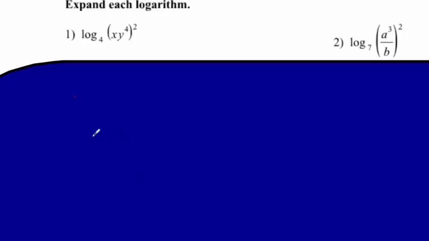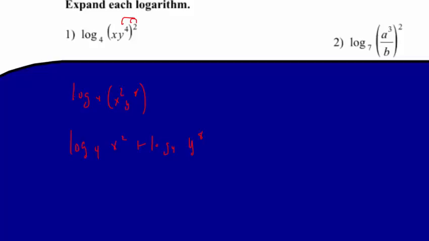So this very first problem I'm looking at, the first thing I want to see is if I would distribute or square this 2n. So I could think about that now as being written like this: log base 4 of x squared and y to the 8th. So that would take care of that. Now if I want to expand that out, I know multiplication means add. I'm taking a log base 4 of x squared plus log base 4 of y to the 8th power.